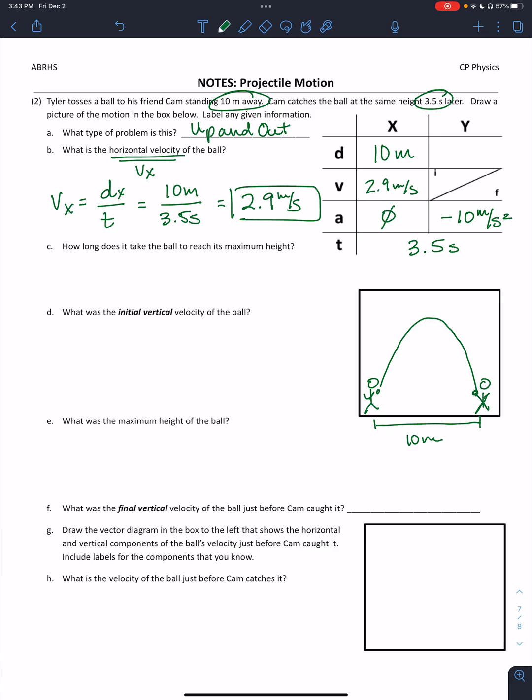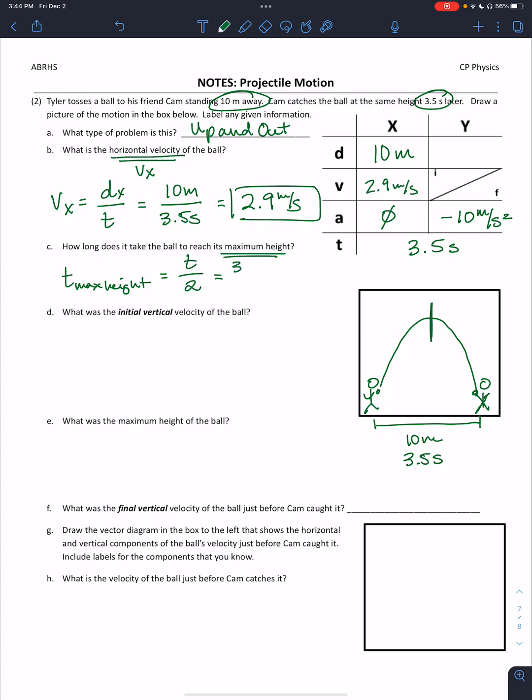How long does it take the ball to reach maximum height? Now remember, the whole motion takes 3.5 seconds. So the time to reach max height is going to be half of the original time.